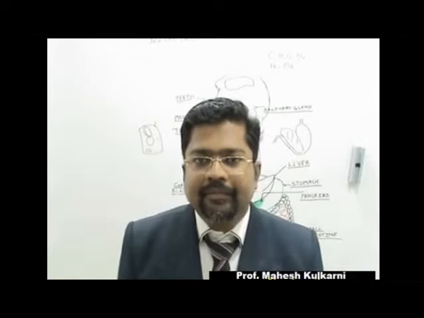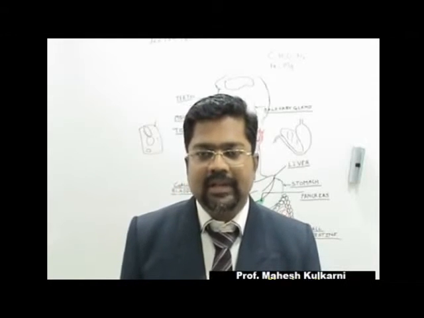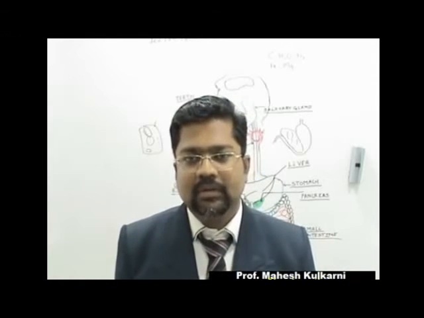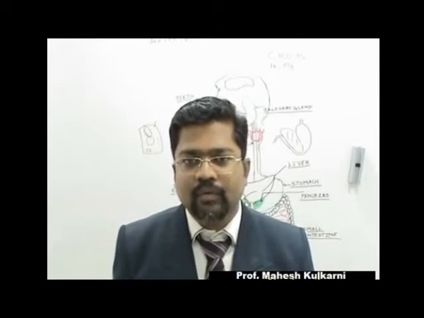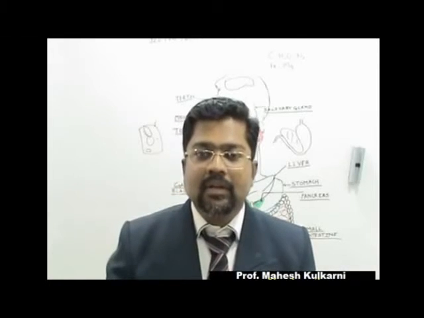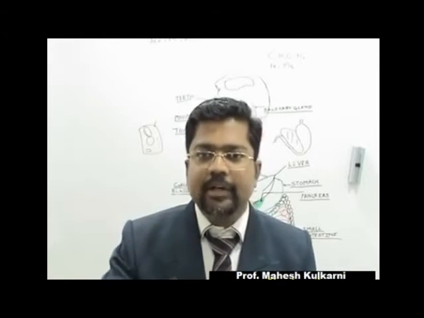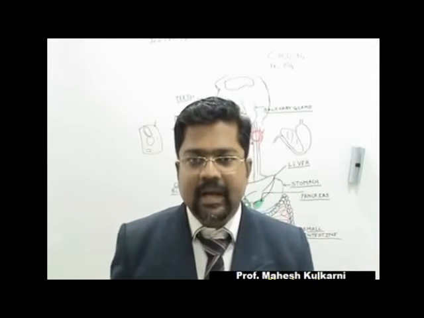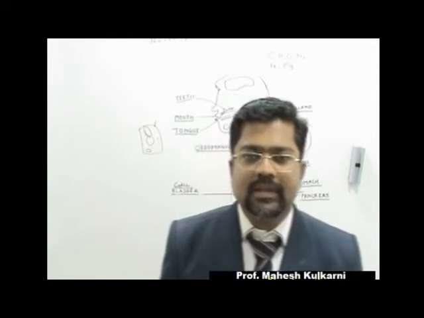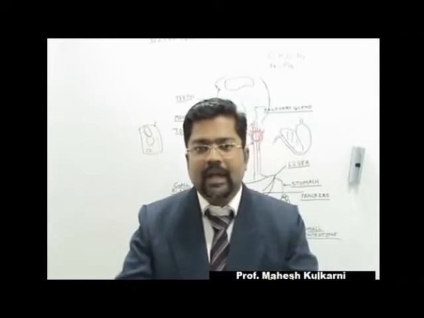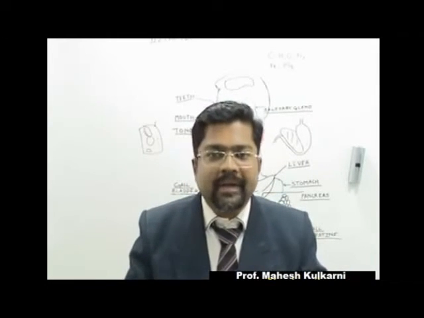glycogen. Whenever requirement is there, especially during starvation, that means fasting, if you are not able to get food for a longer time, then glycogen is converted into glucose, and then glucose is secreted in the bloodstream and the level of glucose is maintained somehow.